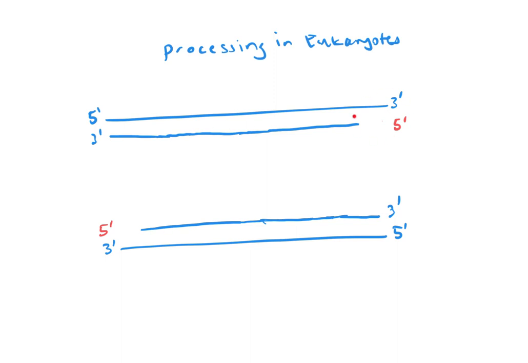But the problem is, at the lagging strand end, there's going to be some RNA primer removed, but there's no free 3' hydroxyl to actually fill that in. And so this is where the enzyme telomerase adds extra sequence to these ends to protect any genetic information.